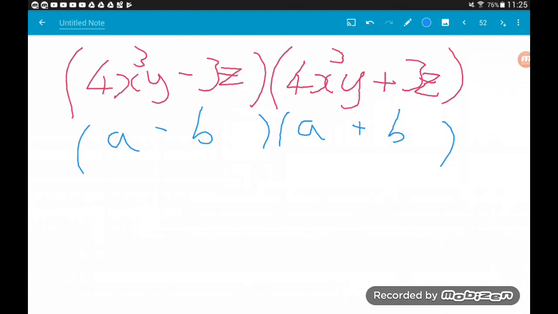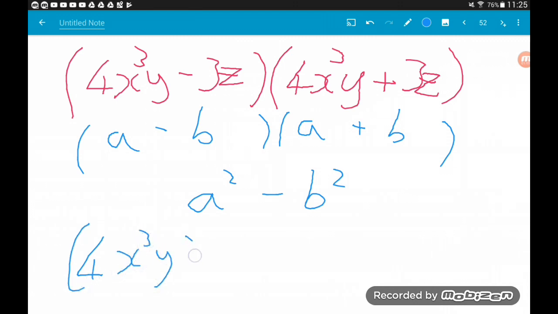So, difference of 2 squares, hopefully you've watched the video, expands to a squared minus b squared. So these are really good to be able to spot. So this tells us that we're going to get 4x cubed y squared minus 3z squared.